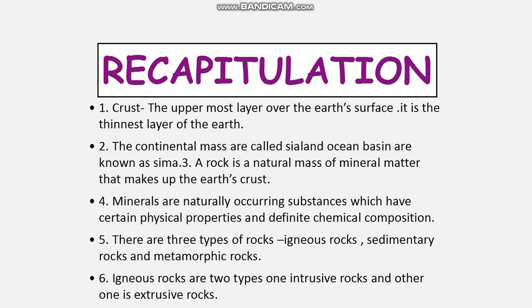Minerals are naturally occurring substances which have certain physical properties and defined chemical composition. Rocks are of three types: igneous rocks, sedimentary rocks, and metamorphic rocks. Igneous rocks are further divided into two types: intrusive igneous rocks, and the other one is extrusive igneous rocks.